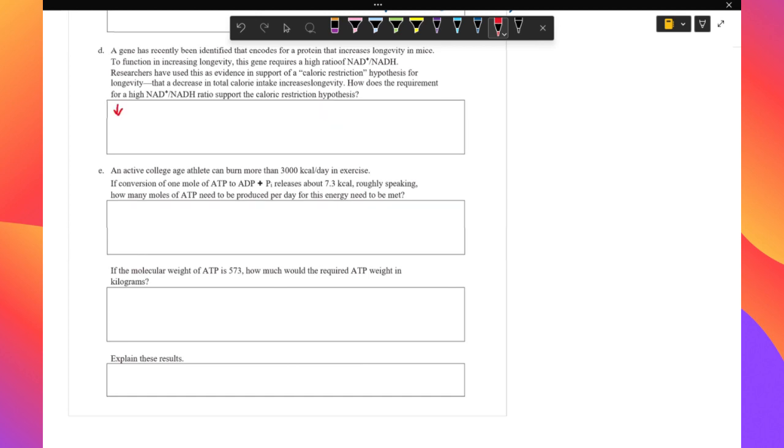So a decrease in caloric intake will decrease the rate of glycolysis and the TCA cycle, which leads to decreased NADH production by glycolysis and the TCA cycle, the Krebs cycle.